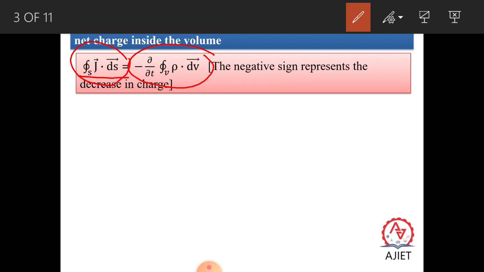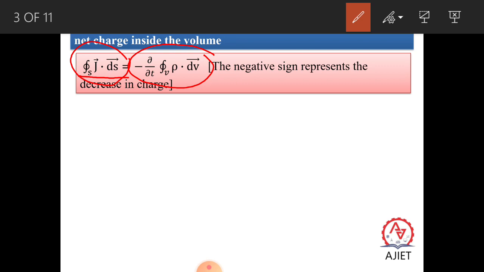It is just like taking 1 liter of water and pouring it into a bucket. As you go on pouring, the 1 liter reduces to 900 ml, then 800 ml, then 700 ml. The volume of water goes on decreasing as the water moves out.